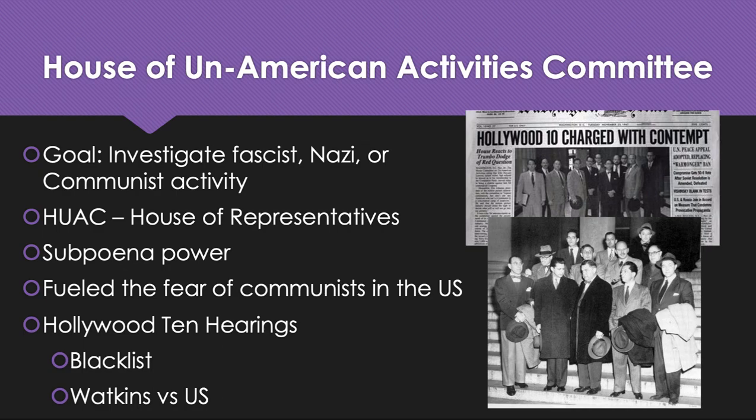They don't have to. They can take the Fifth Amendment. That is our right, and that is okay. So the Hollywood 10 became famous for using their right and challenging the power and the authority of this committee that had grown way beyond what it was supposed to be in its origination.